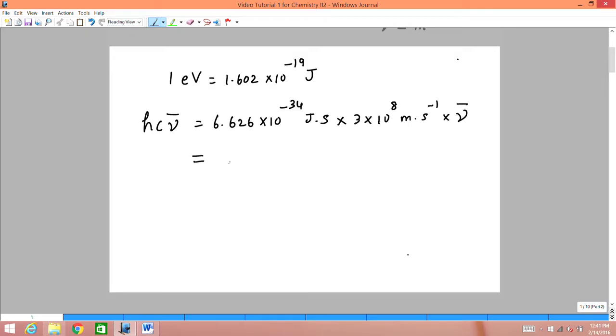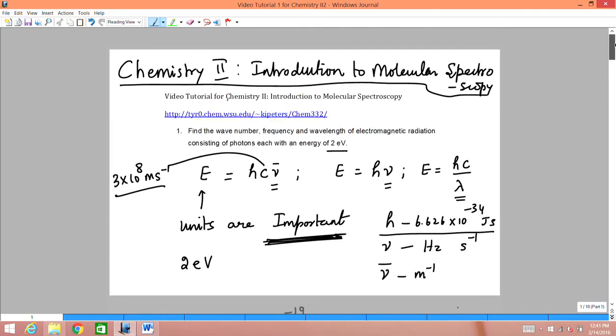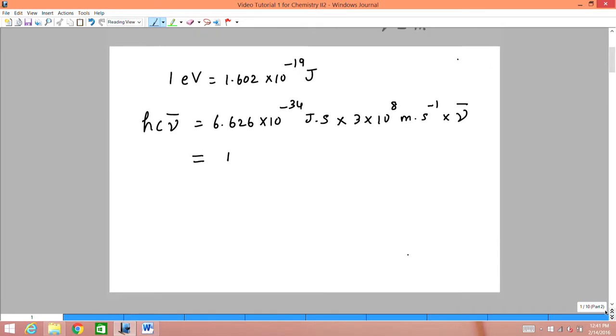The energy given is 2 eV, therefore 2 times 1.602 times 10 to the minus 19 joules per eV. Please remember, when you write the units carefully, these things cancel out in the correct manner. If you write this as 2 eV and this as 1.602 times 10 to the minus 19 joules per eV, you see the electron volts cancel.